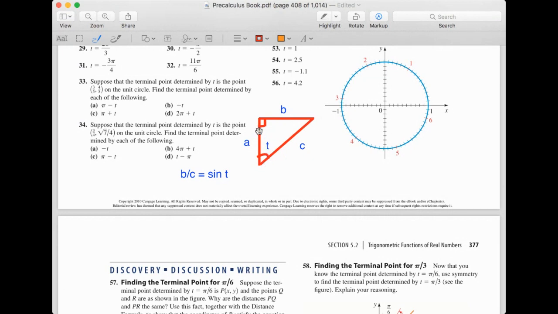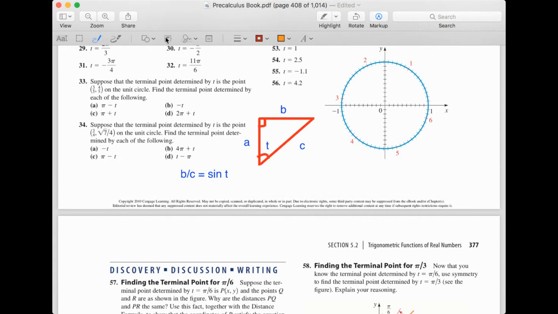The side opposite to the 90 degree angle, we call hypotenuse. So B is opposite to the angle T. So some people call it opposite over hypotenuse, and that's sine T.